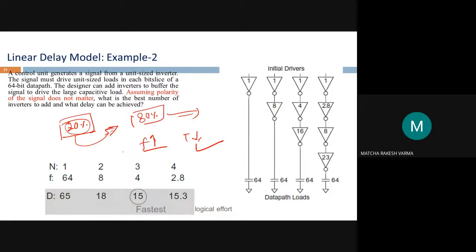Sir, when we are doing the 16 picofarad case, there the input capacitance is 16 picofarad. Let's say, for example, the capacitance that is driving is 64 picofarad. So how do we relate it to the other inverter which is having 8 picofarad as input load?